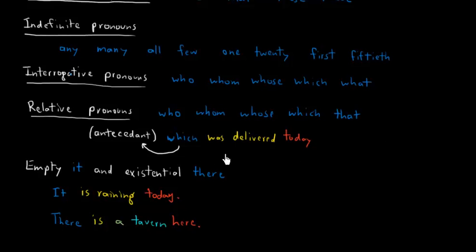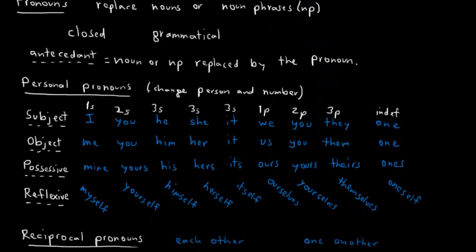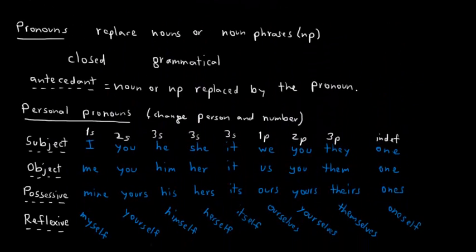The relative pronouns that link a relative clause to a noun phrase, to a noun in the head of a noun phrase. And then we have these two kind of oddballs, the empty it and the existential there, which are used as kind of dummy subjects in those special cases. Okay, with that, I will stop here, and I will go make another video.